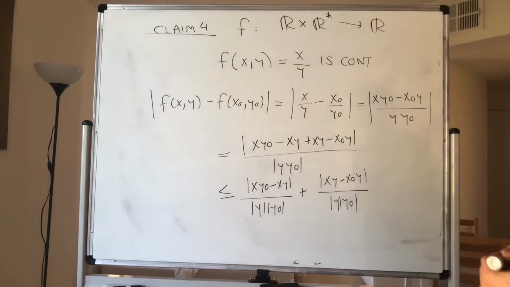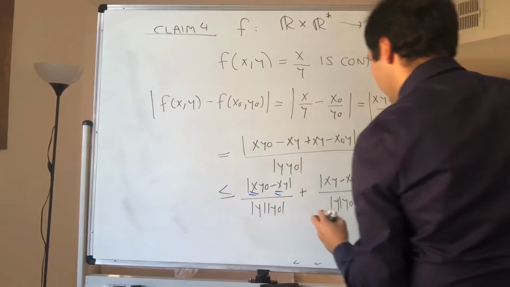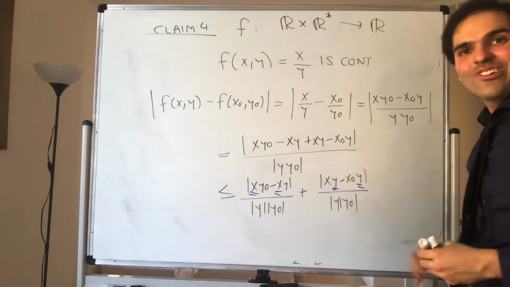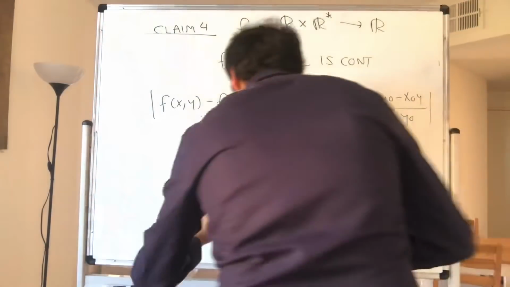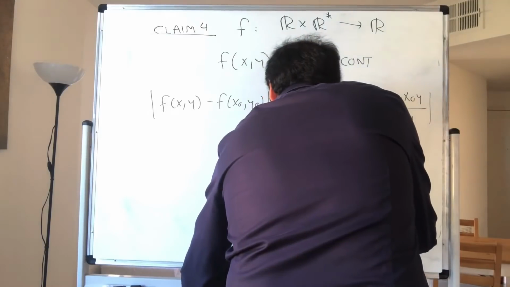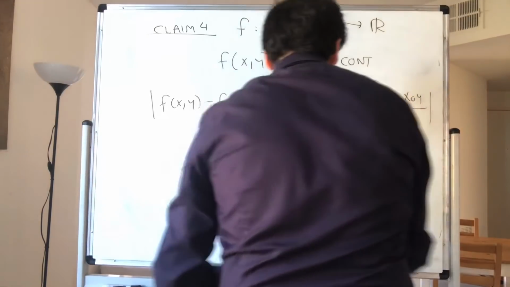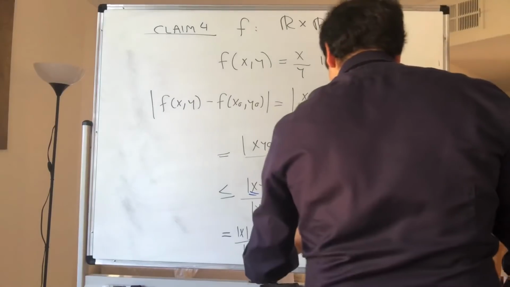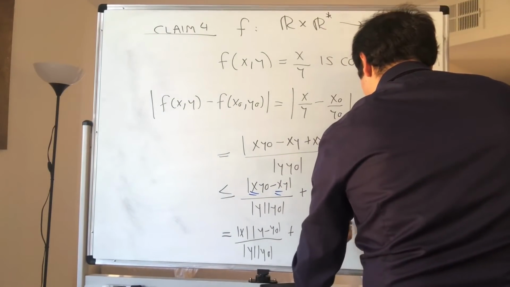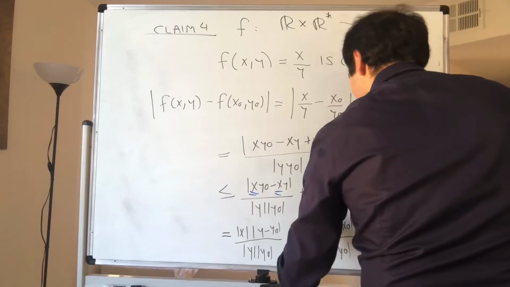But now again, we have a nice simplification. Here x factors out, and then here y factors out. It's the y factor, or the wow factor here. So we get |x| times, if you want, |y minus y naught| over |y| times |y naught|, and then plus |y| times |x minus x naught| over |y| times |y naught|. So that's a nice thing.